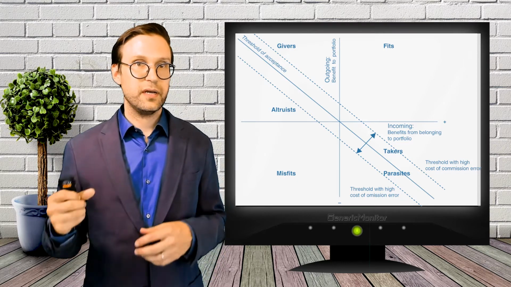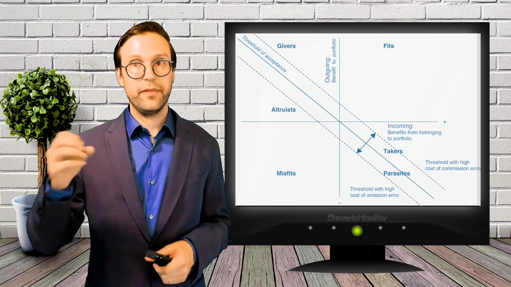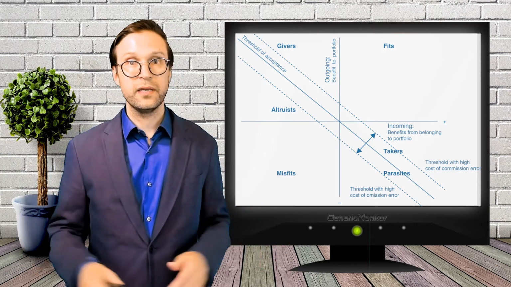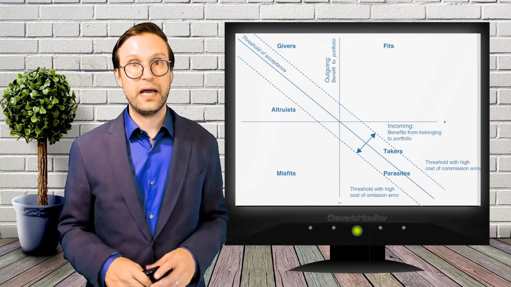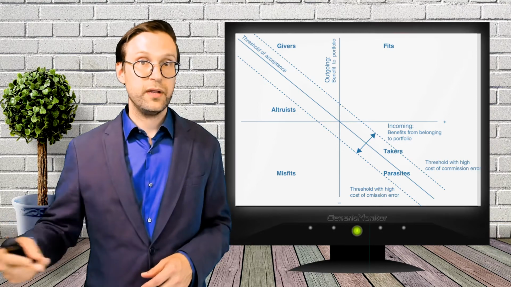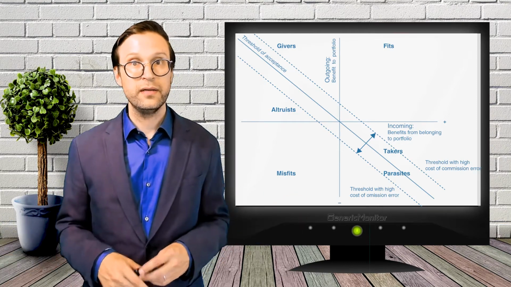So maybe there's some new technology coming along, and the core of the firm is worried that they might be disrupted and displaced if that new technology becomes dominant. They may be interested in creating a new business unit or acquiring a business unit that specializes in that other technology.